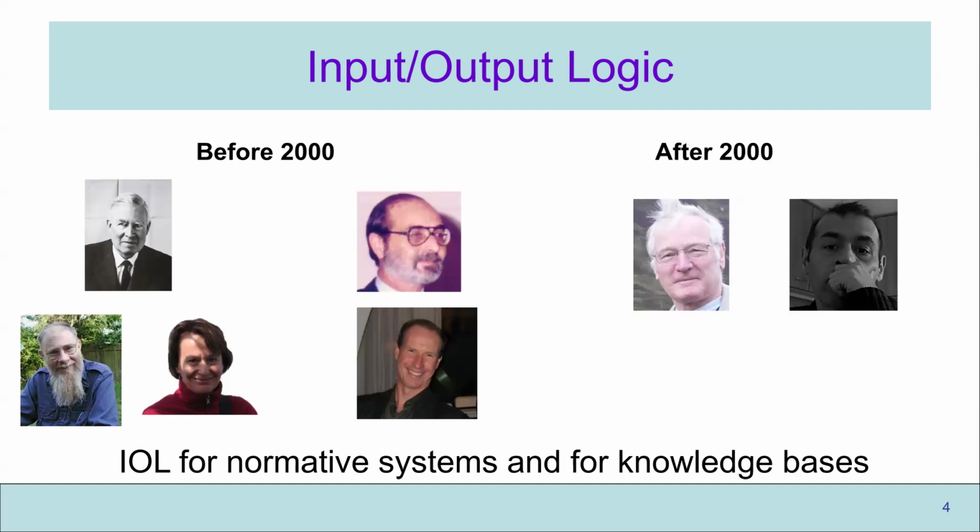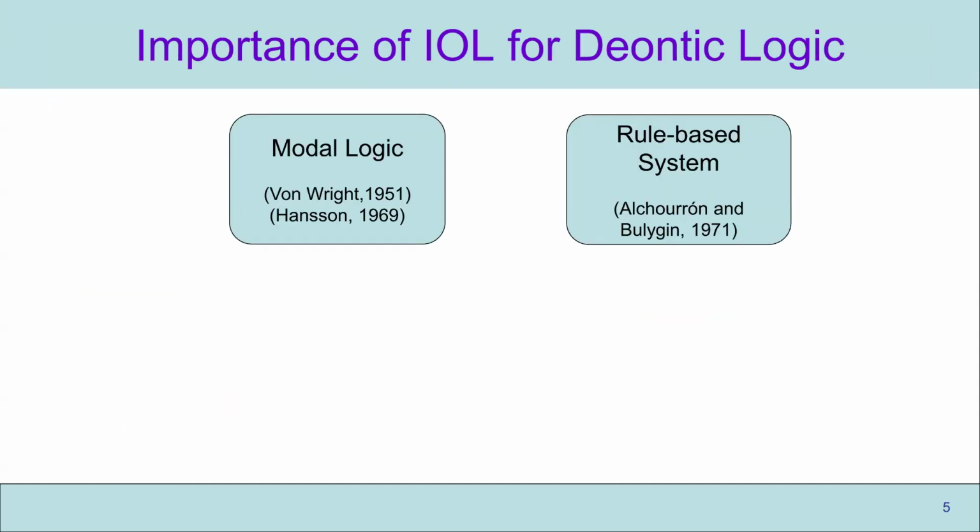And I think what input-output logic did, so here's the Makinson, I worked on this. We have this different approach. So with the input-output logic, we use it for normative systems. And I also say something about knowledge-based systems.